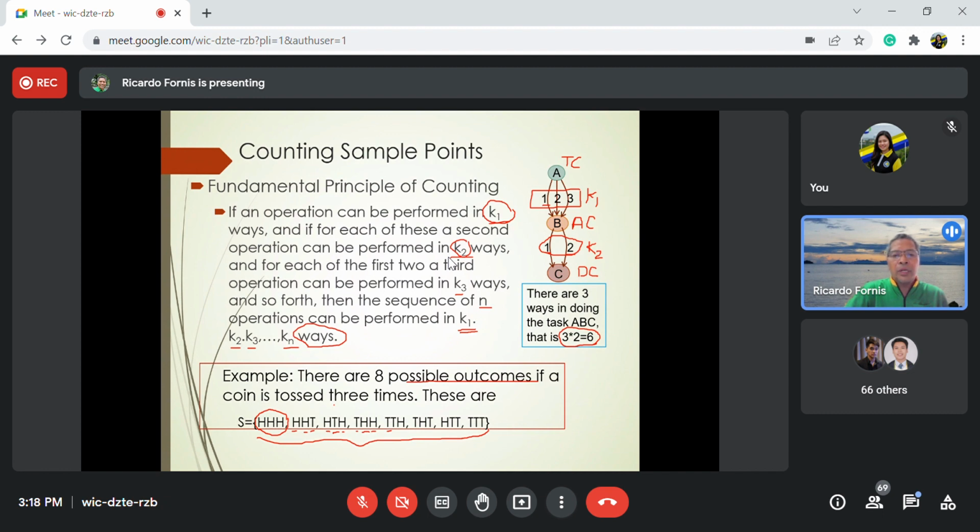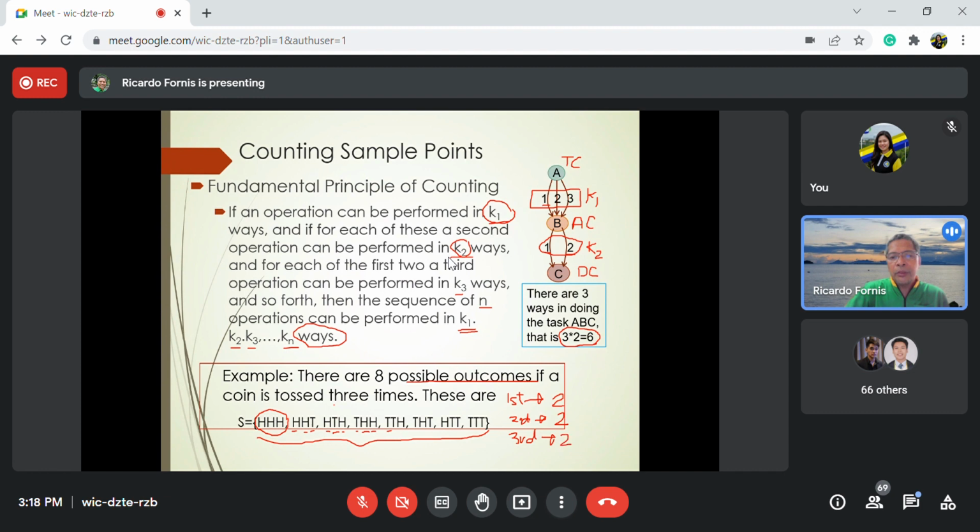And you cannot add another possible outcome to this. There are only 8 possible outcomes. And how do I compute the 8 possible outcomes? I will just answer the question: how many outcomes in the first toss? In the first toss, there are 2 outcomes. In the second toss, there are also 2 possible outcomes. And in the third one, there are also 2 possible outcomes.